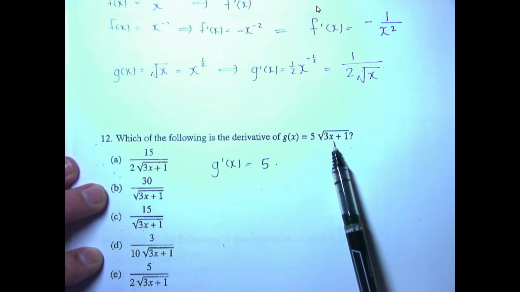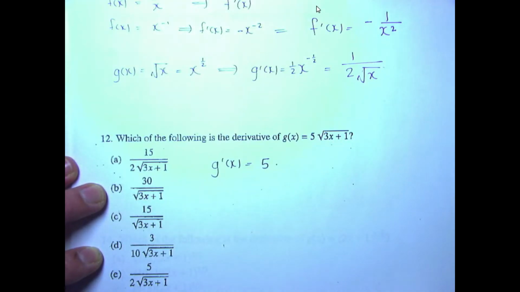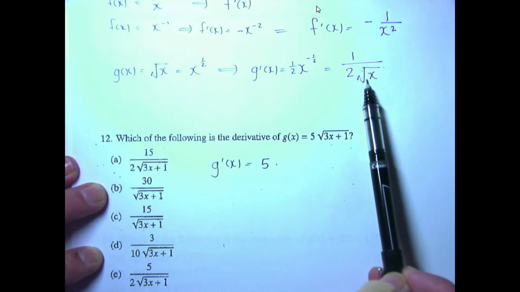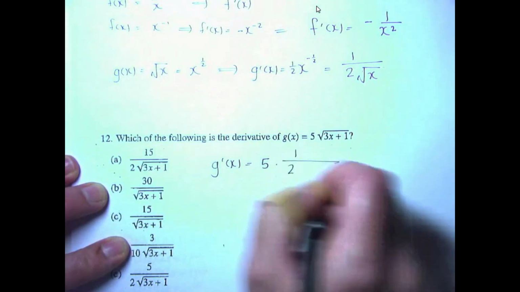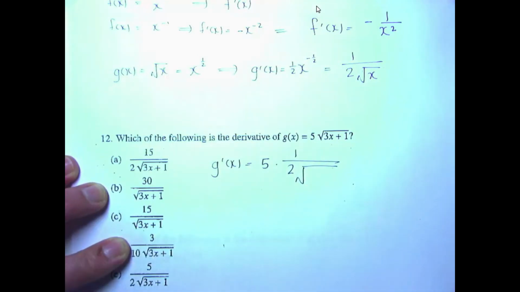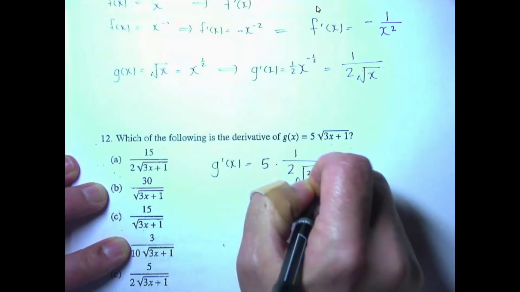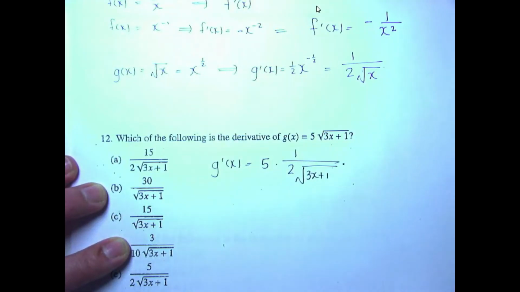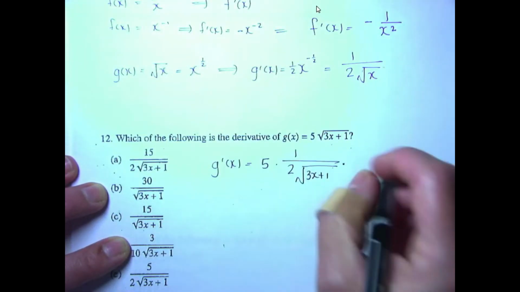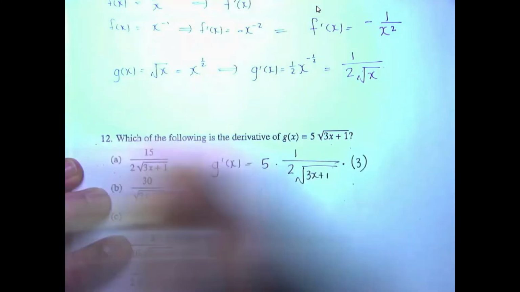So it's the derivative of the outside times the derivative of the inside. The derivative of a square root, we just showed that, is 1 over 2 times the square root. Leave the inside alone, 3x plus 1, times the derivative of the inside. The derivative of 3x plus 1 is equal to 3.